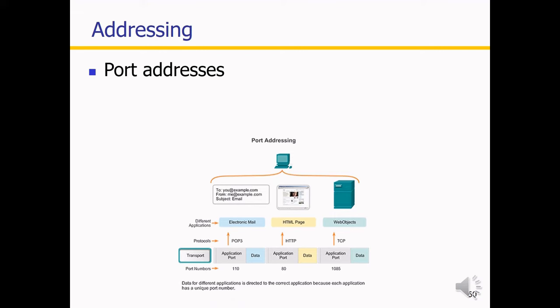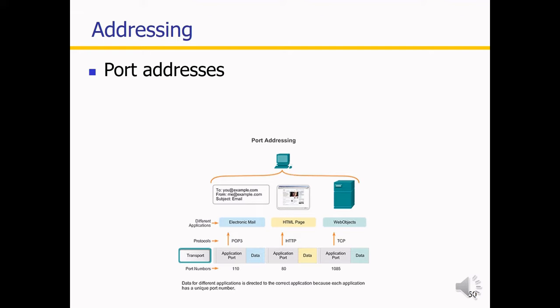So let's say you're using a computer and you're using mail on one hand, and also you're using, let's say, your browser to browse a web page. The email service that you're using is itself an application, and you're also browsing a web page, which is also another application.